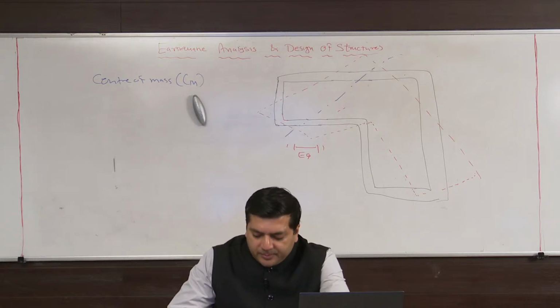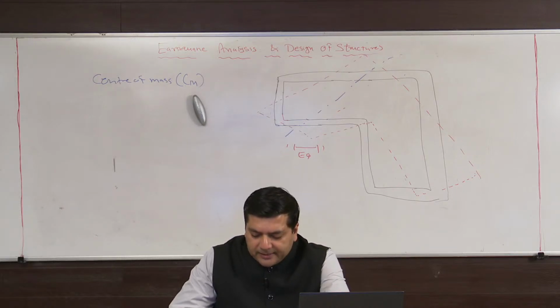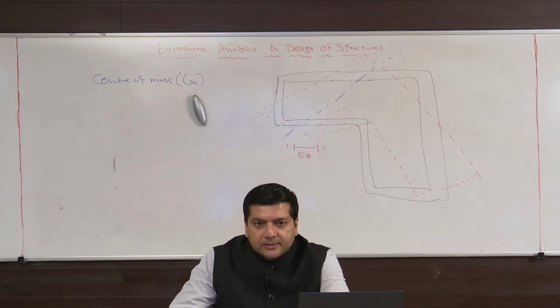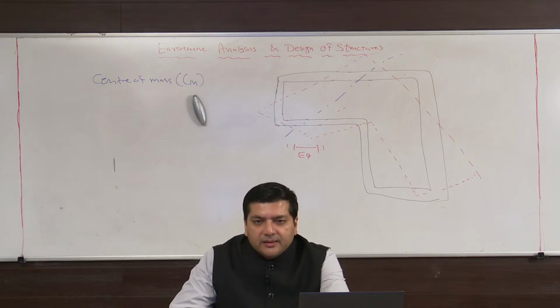Now after a paragraph change, write: the floors having uniform distribution of mass, comma, the center of mass coincides with the geometric center of the building.